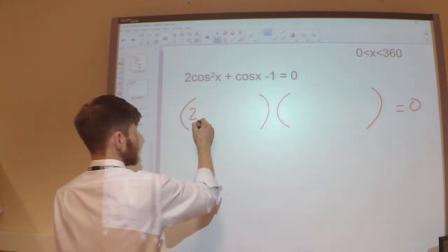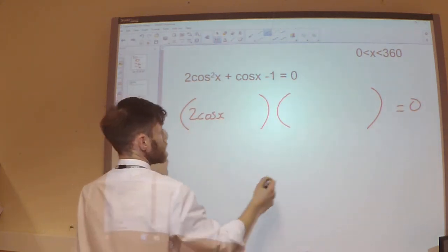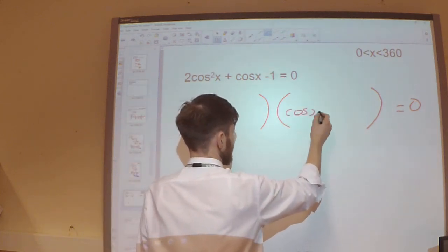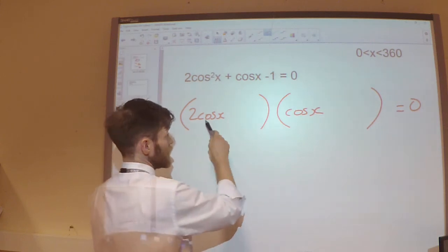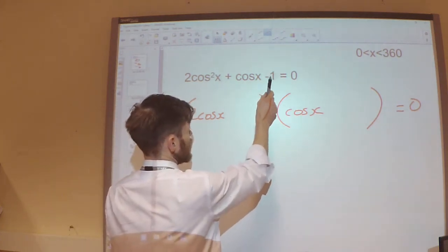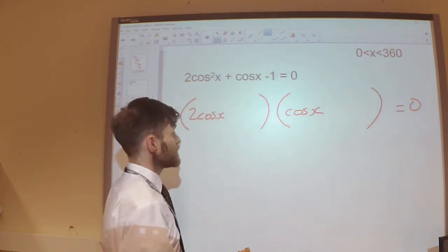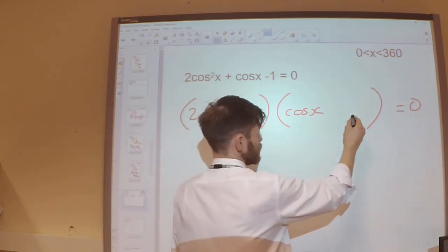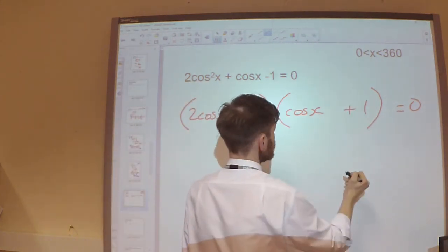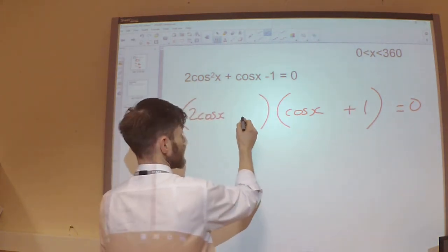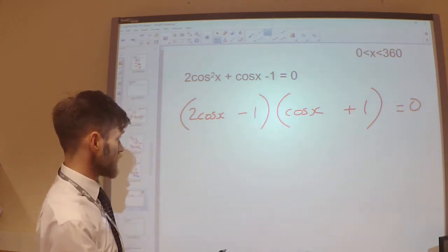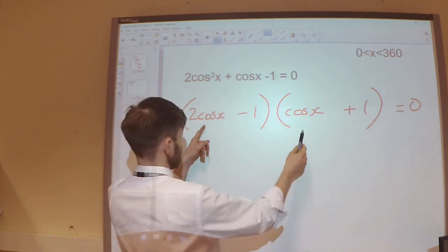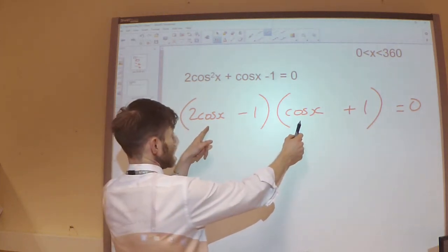So I've got a 2 cos x and a cos x. I need to get a minus 1. So if I have this as my plus 1 and this is my minus 1, I think that should work. So if I was to multiply this out, I get my 2 cos squared x.